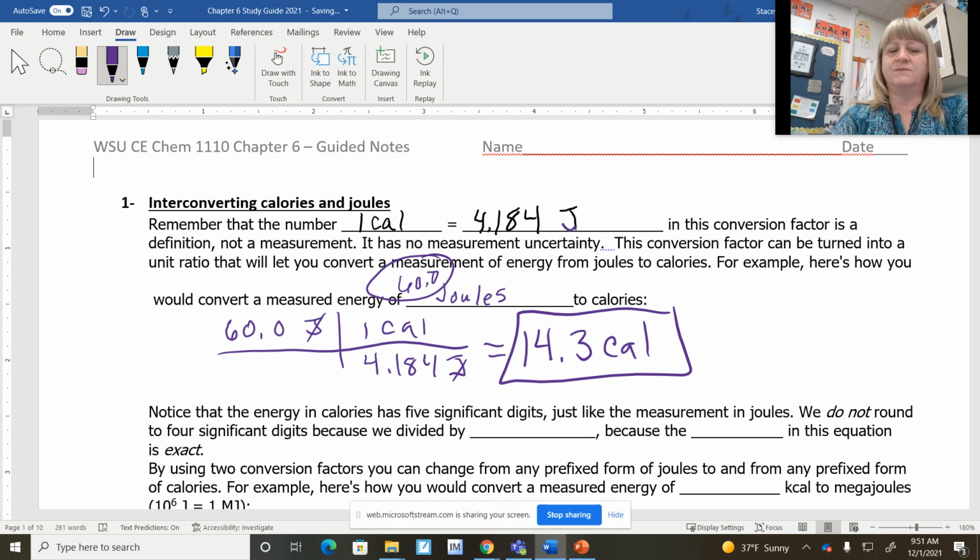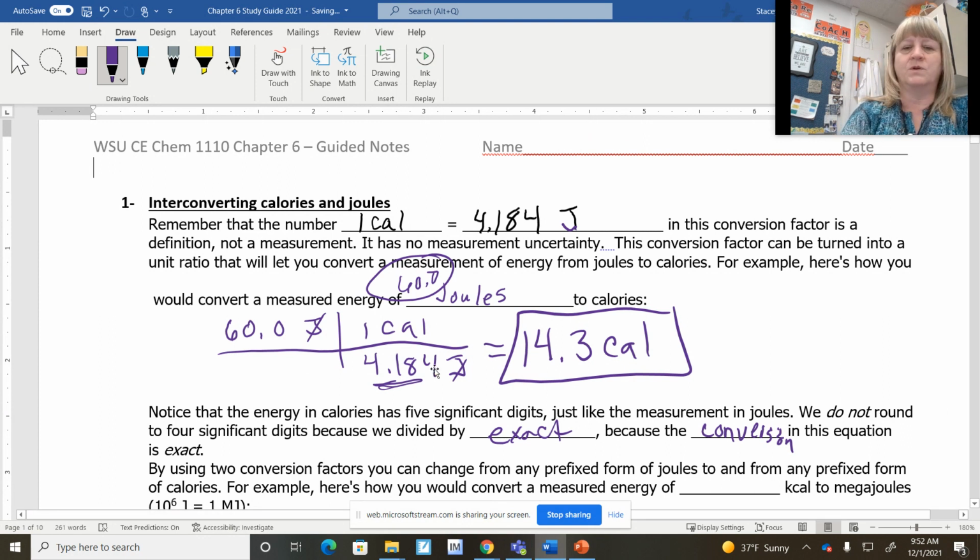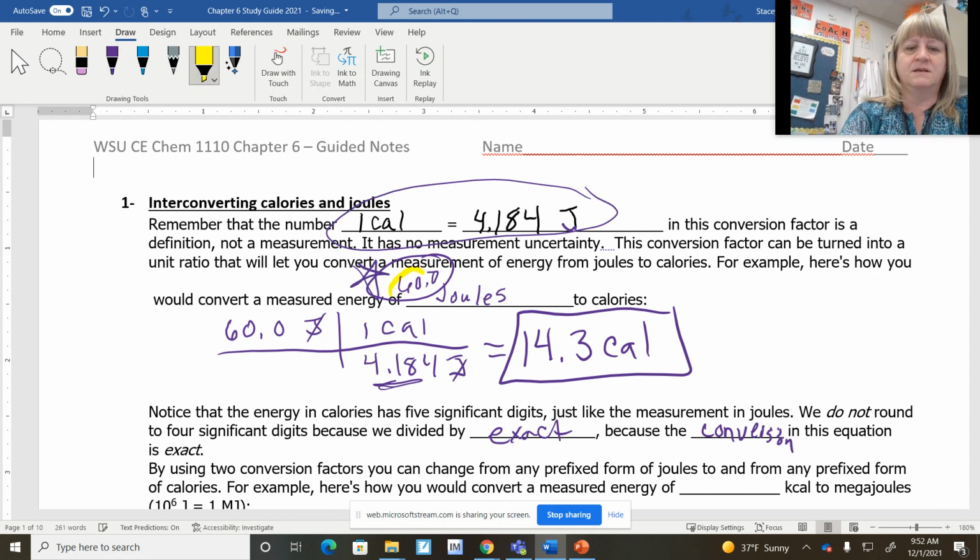We do not round to 4 significant figures right here because we divided by an exact number, and because this conversion equation is exact. So we're not looking at this or this to figure out significant figures, but we're looking at this. This is what we're using to get the significant figures right here, and that's why we report 3.